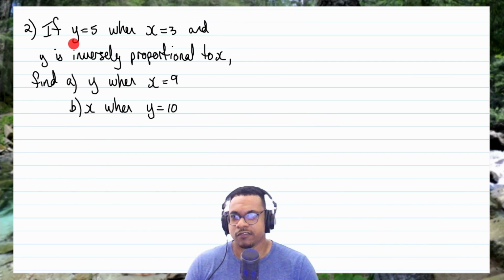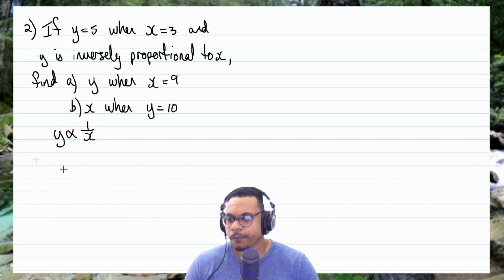In this question, we have if y is equal to 5 when x is equal to 3, and y is inversely proportional to x. Find y when x is equal to 9, and also find x when y is equal to 10. So the first thing we address is that y is inversely proportional to x. So we write y is proportional to 1 over x.